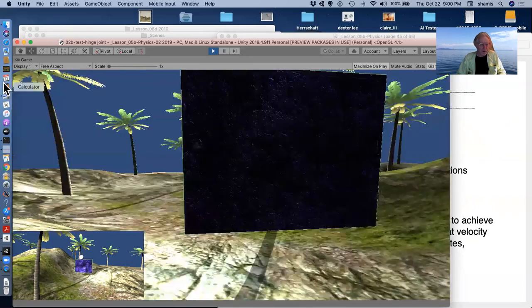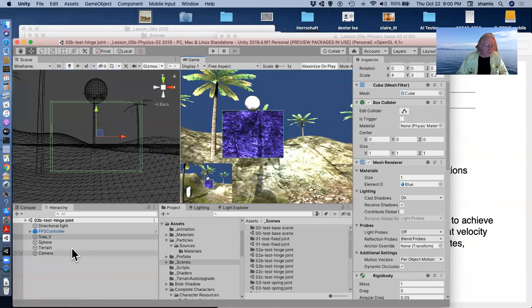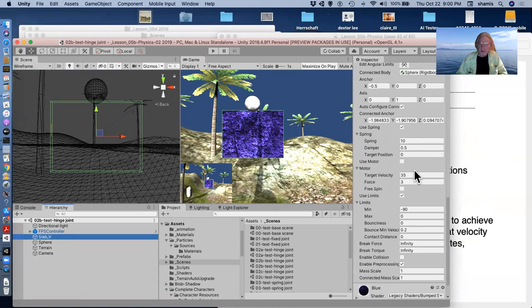The other thing that I've turned on is a limit. I've got the use limits checked on, and my minimum angle is -90 and my maximum is 0. And what this means is that the door can't go back into +90 degrees.